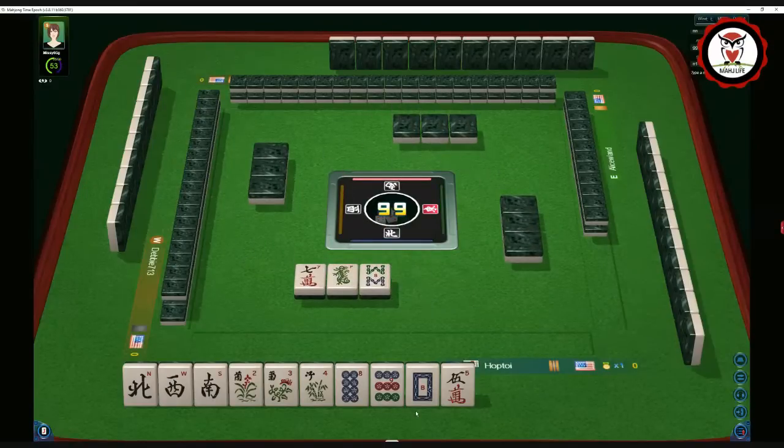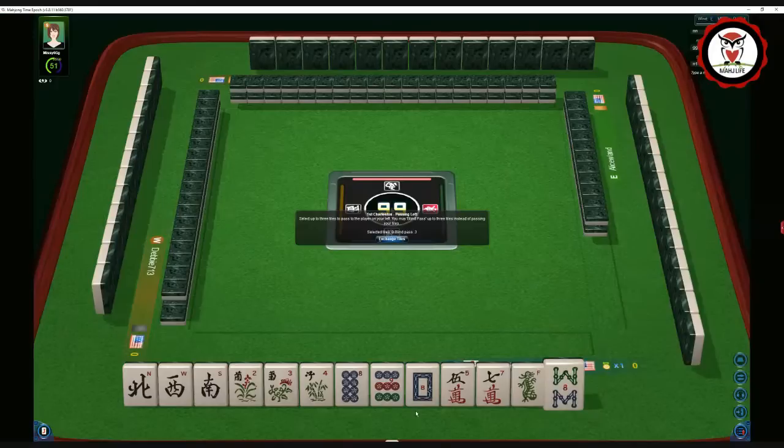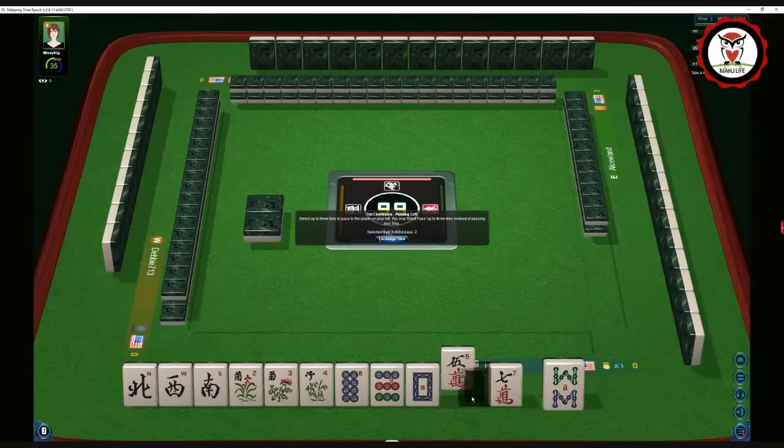Okay, so we got a green dragon. There is a year hand with dragons. All right, let's see. The 5 can go.